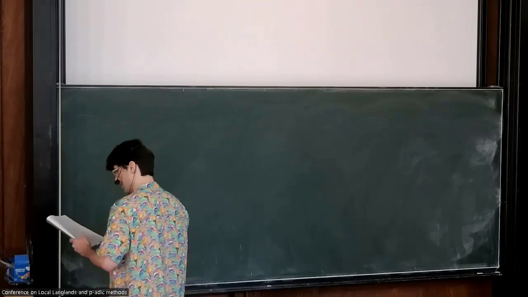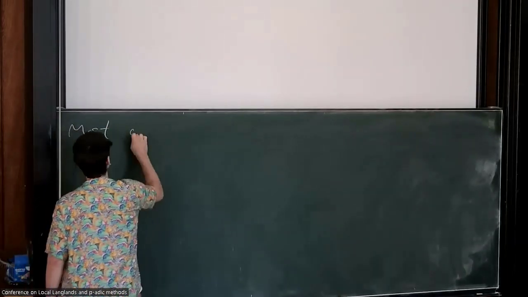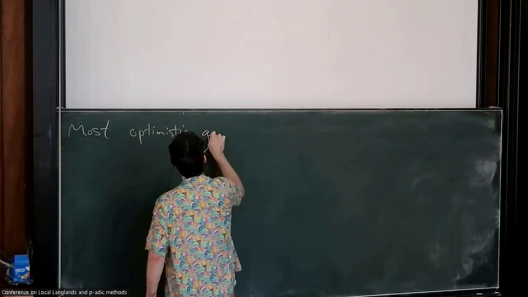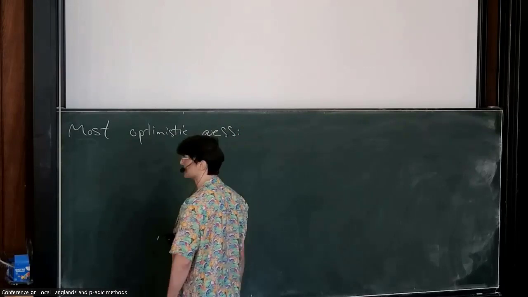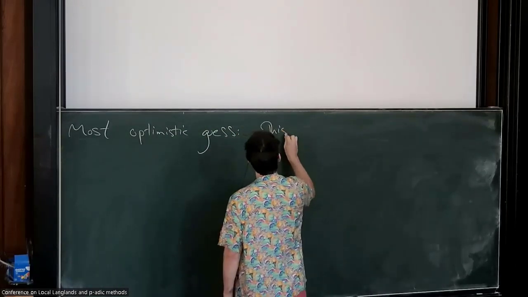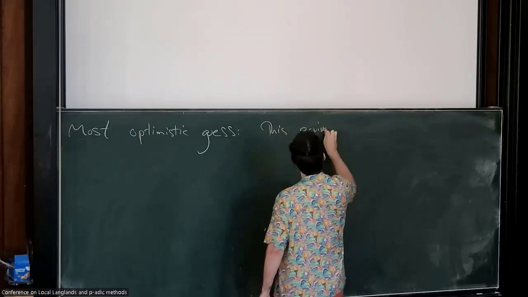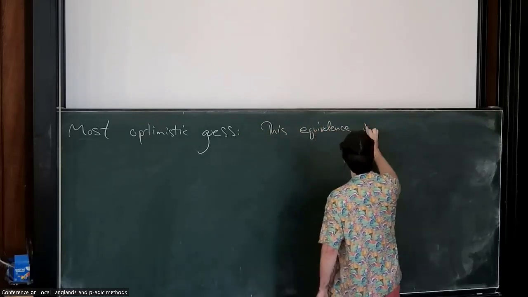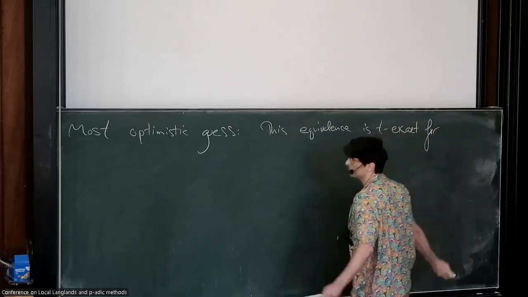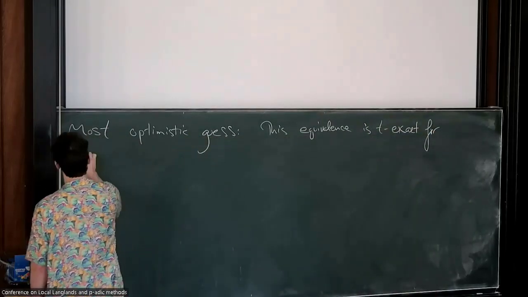But let me start with the most optimistic guess for what might happen, which is not true, but it's still a useful guiding principle. So the most optimistic guess is that this equivalence is t-exact for some t-structures on both sides.